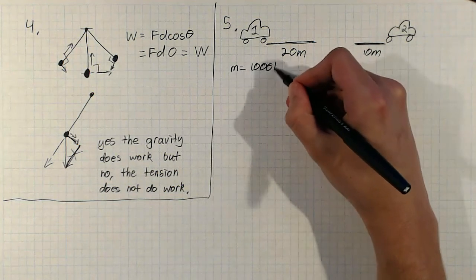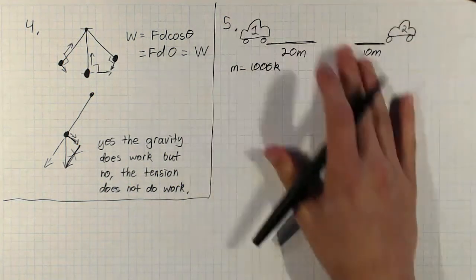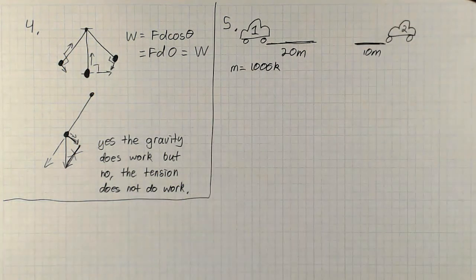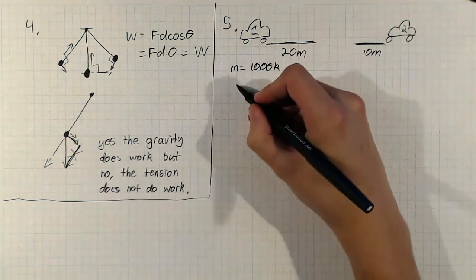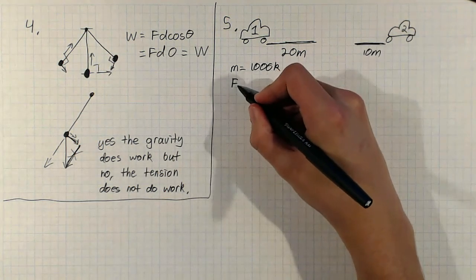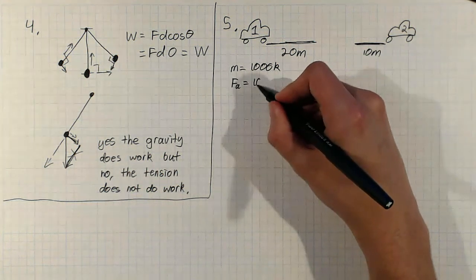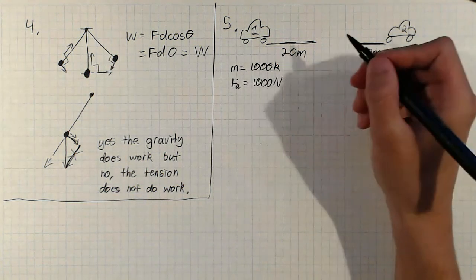I'm just making this up, just for example, because you can still do the math as long as your numbers satisfy the conditions the problem gave. So we're going to give the mass of 1,000 kilograms and an applied force of 1,000 newtons.